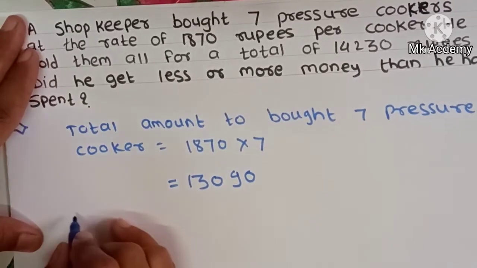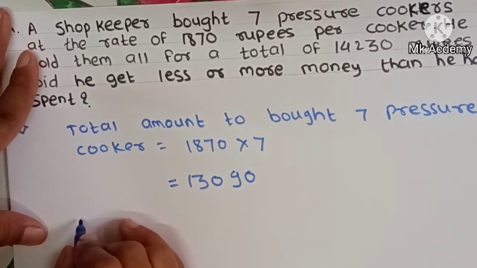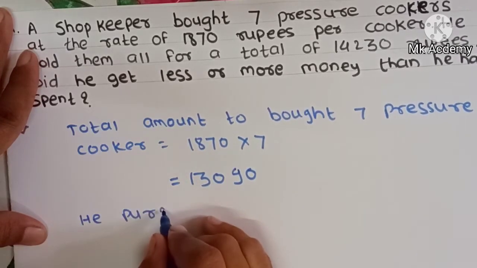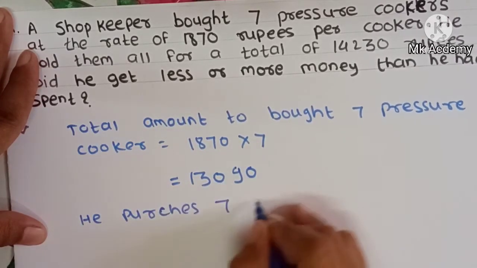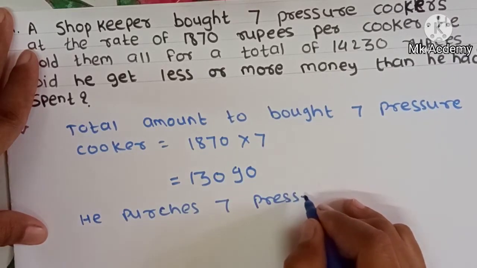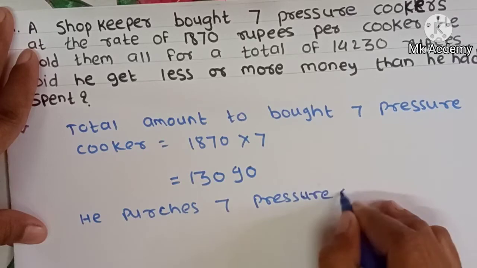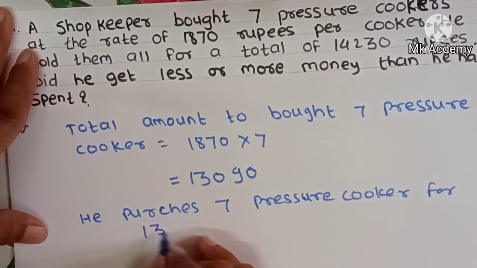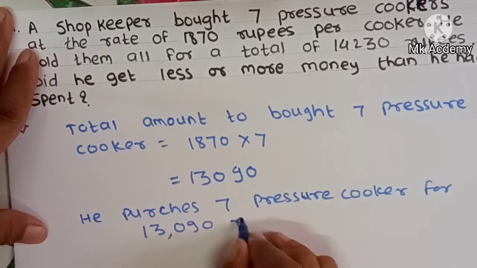Means he purchased 7 pressure cookers for 13,090 rupees.